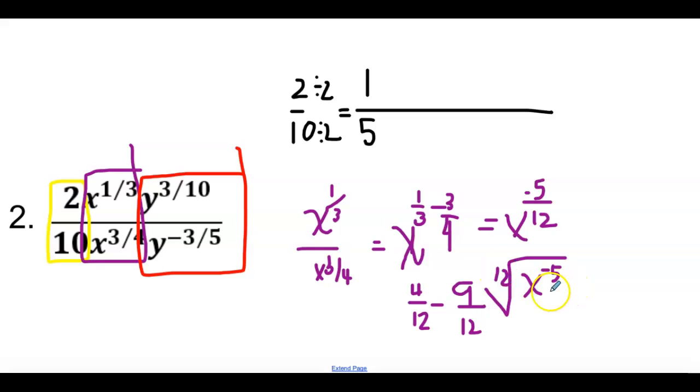Okay, but again, remember that negative is going to make that whole thing go on to the bottom. So we should write this as 1 over the 12th root of x to the 5th.